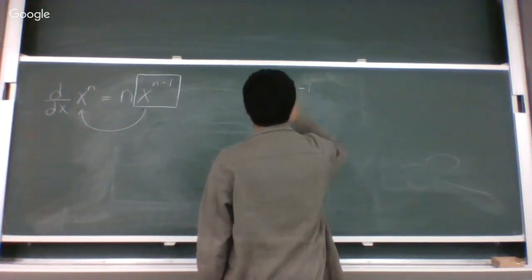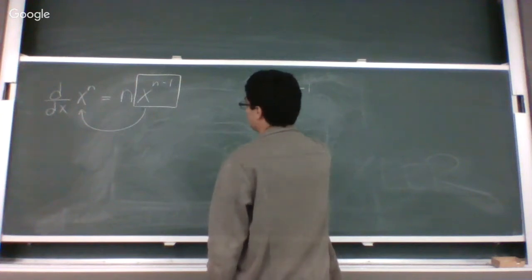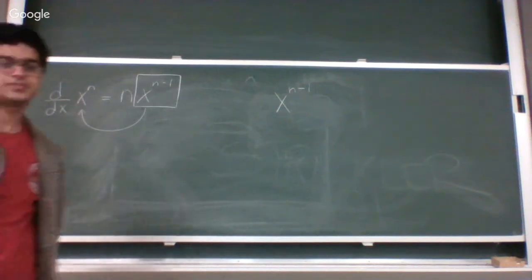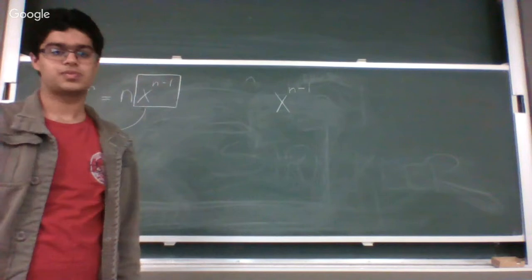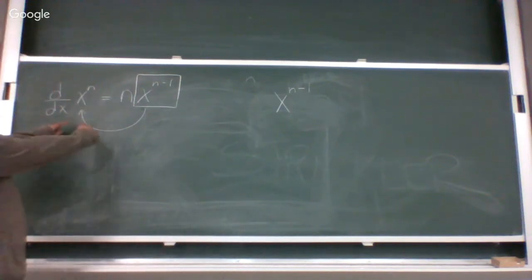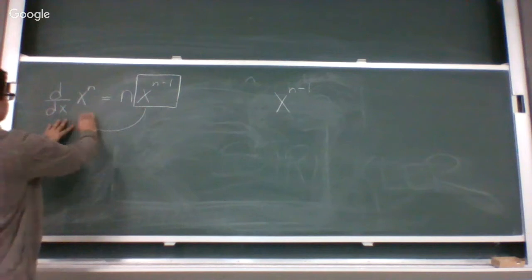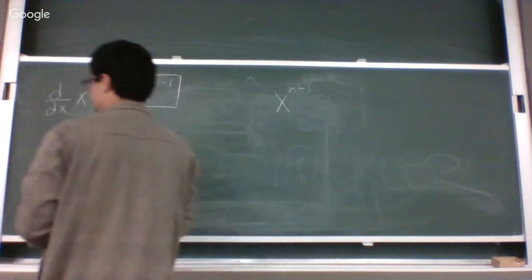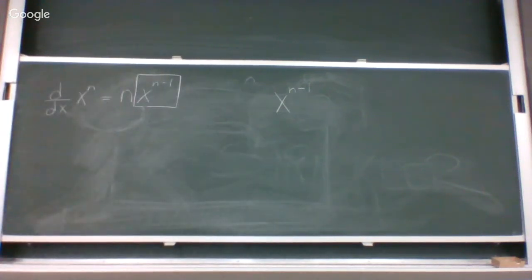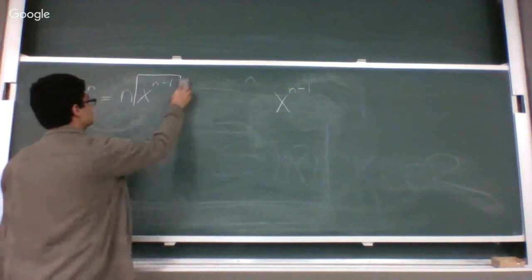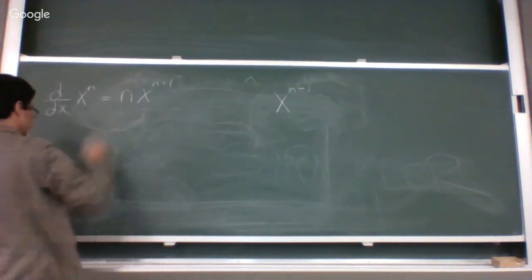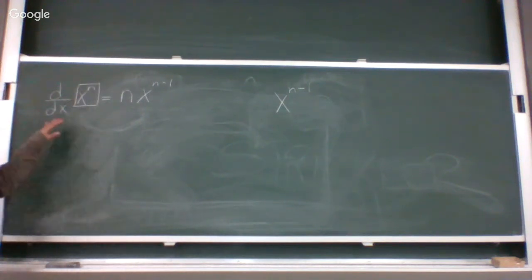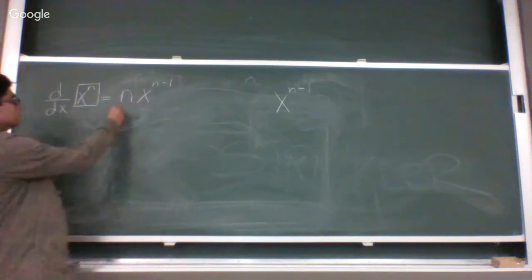If we were to take the derivative of this, we would get... The original function is x to the n. And we take the derivative of it to get this.